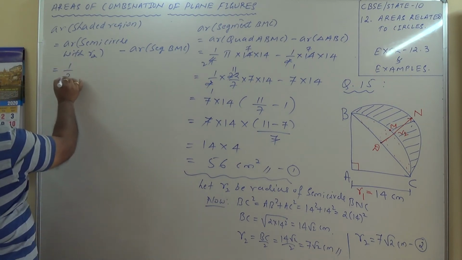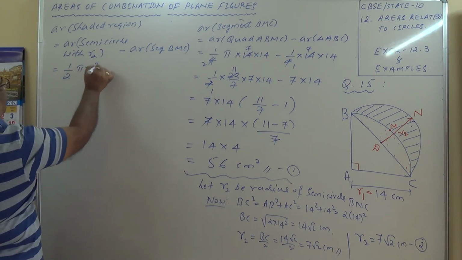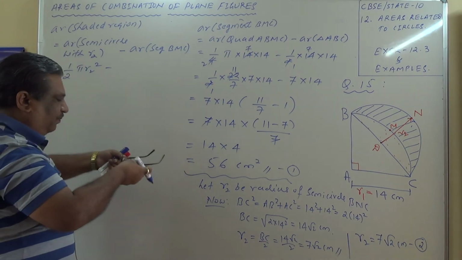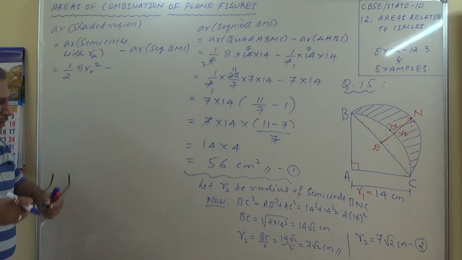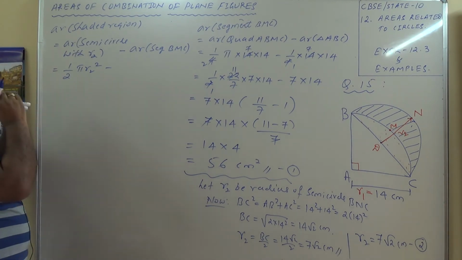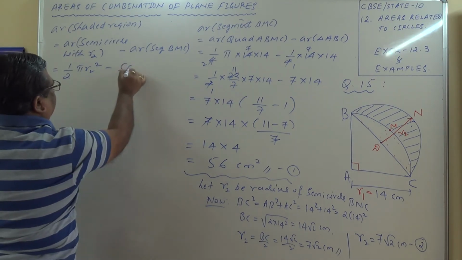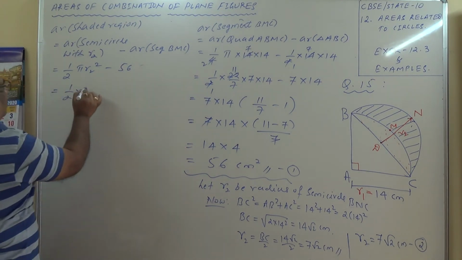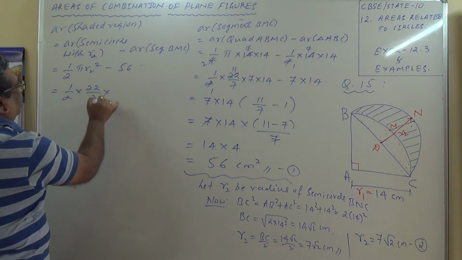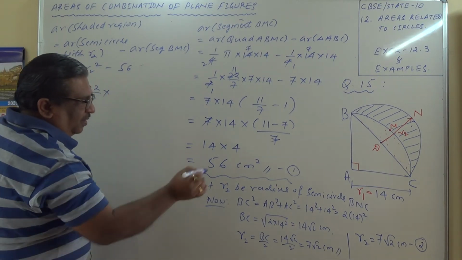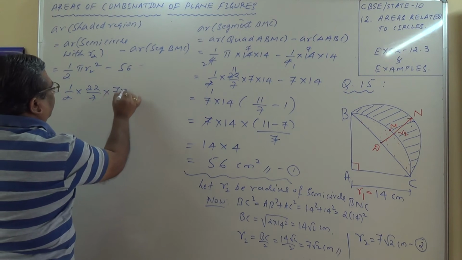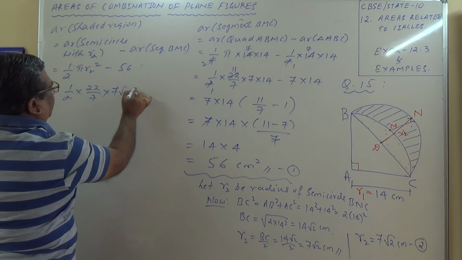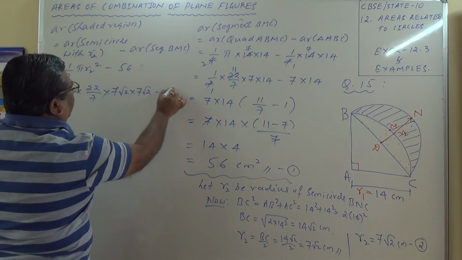So half pi R2 square minus area of the segment BMC, which is 56 square centimeter, is equal to half into 22 by 7 into 7 root 2 square, 7 root 2 into 7 root 2, minus 56.